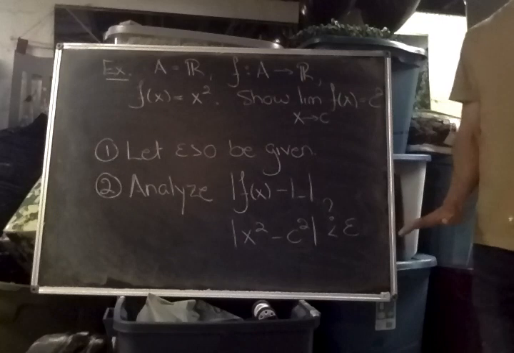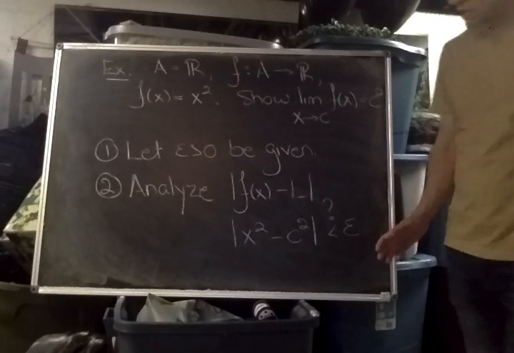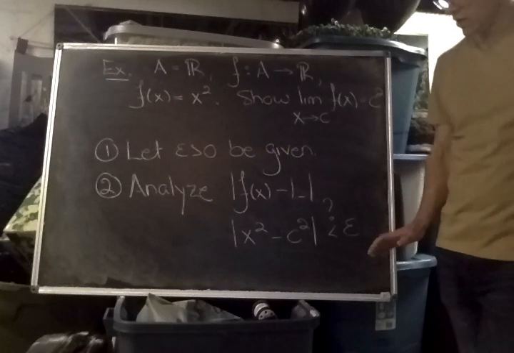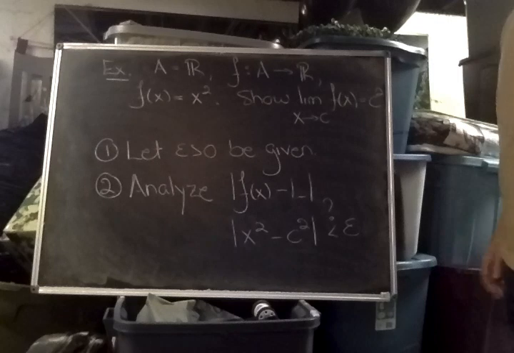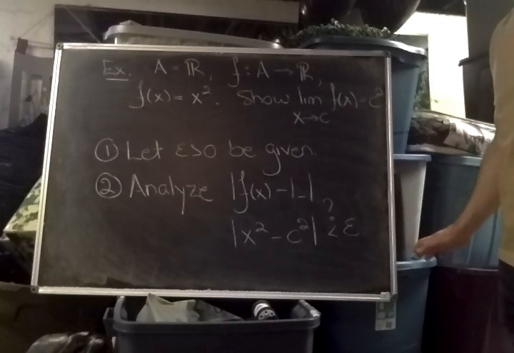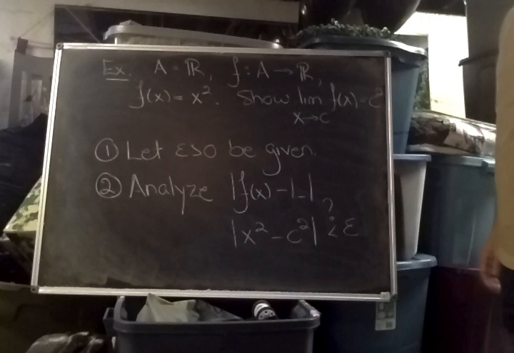So this now is the first example where it is not totally and abundantly obvious straight away that this thing that we're considering is automatically less than epsilon, and indeed it might not be, depending on what c is, and so on. Okay?